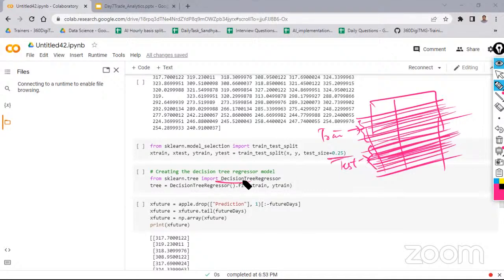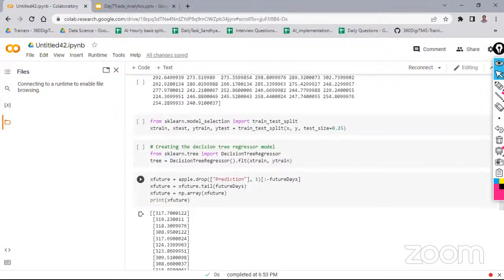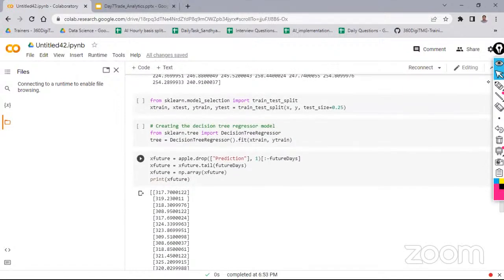Now I'll be using decision tree regressor and fit that train and test. So we got the model tree and it is going to drop this prediction and use this X future, and whatever there in the tail, that is going to be X future. So it keeps on updating with the values.